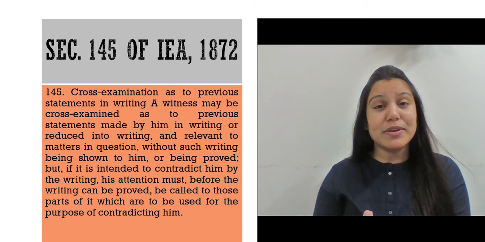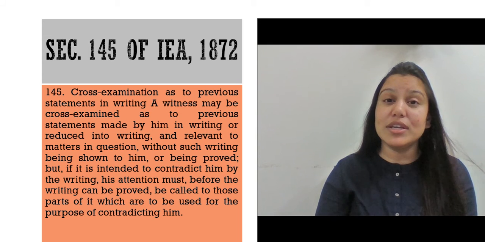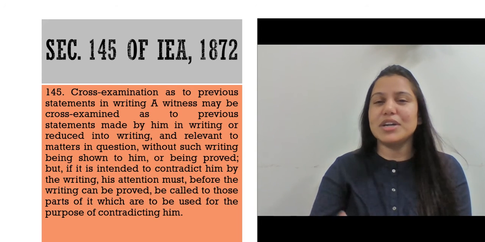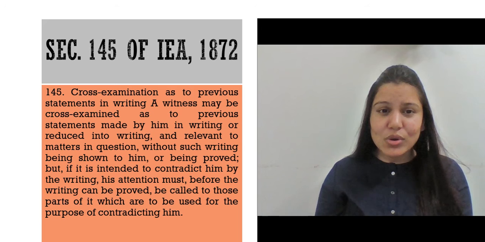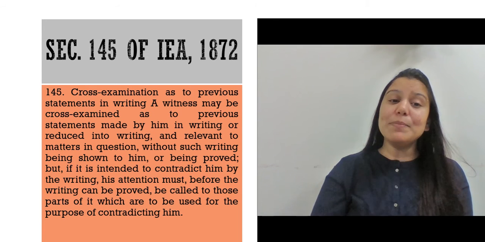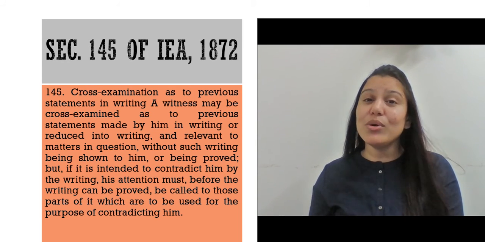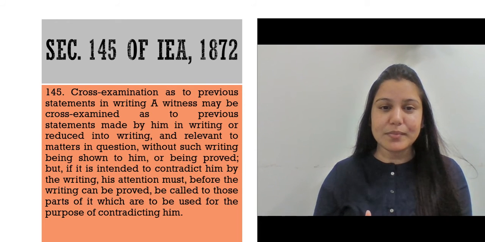In order to test my veracity, whether the statement I generally give is true or not, or I just simply go to the court and utter whatever I feel like. So, if a witness has given a previous statement, then he can be cross-examined on his own statements, right?